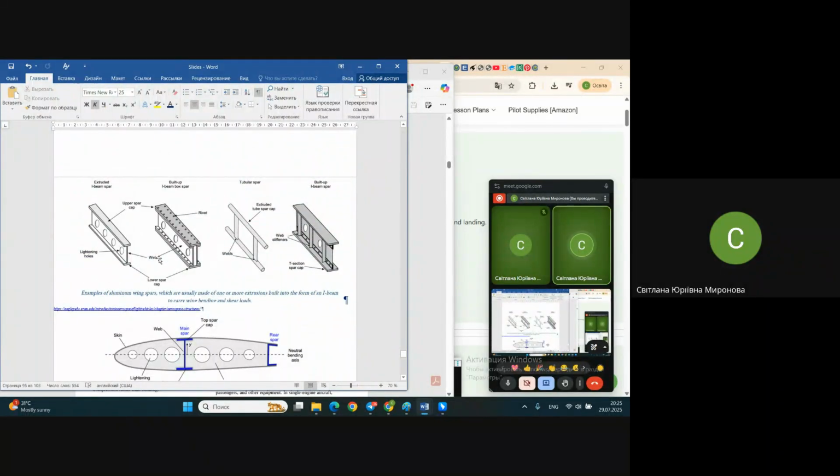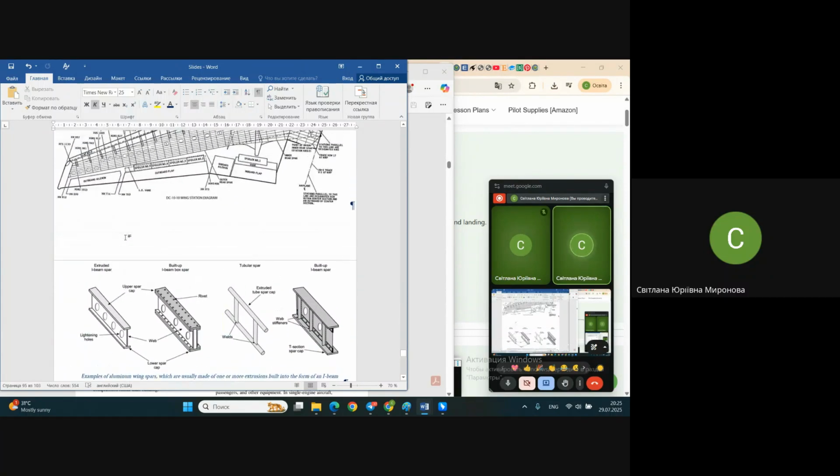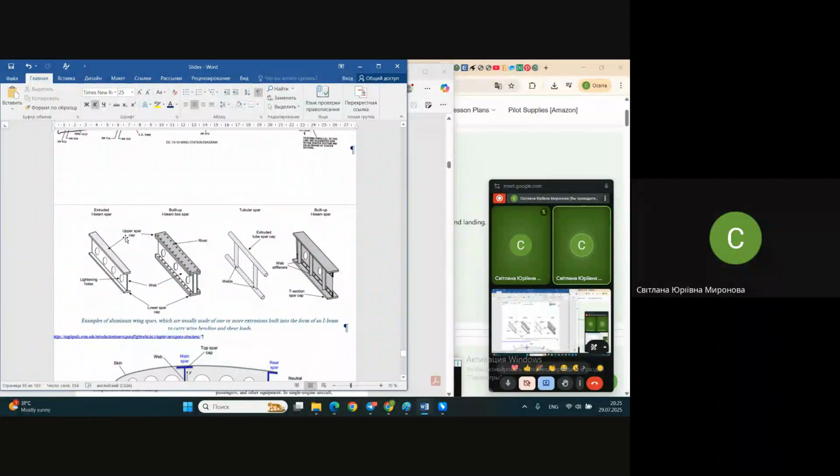Here is the typical so-called spar or longeron, a longitudinal element of the wing. It might also be in the fuselage, but mostly they are in aerodynamical surfaces. Spar, another name for it, longeron. If you meet it in a fuselage, it's called longeron.